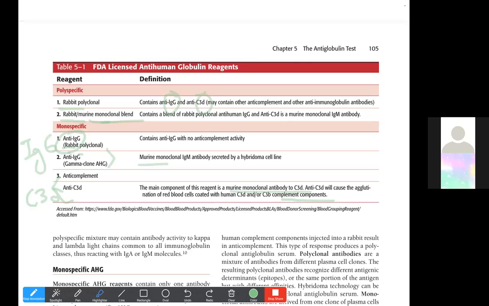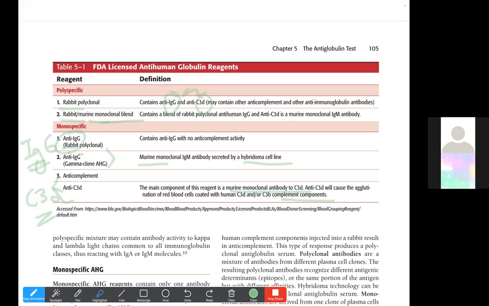So this is how they have been divided. Polyspecific would have both in the same reagent, and could be rabbit derived or murine derived. The monospecific would have either the IgG component or the C3d component, and could also be rabbit derived or murine monoclonal antibodies from hybridoma cell lines.